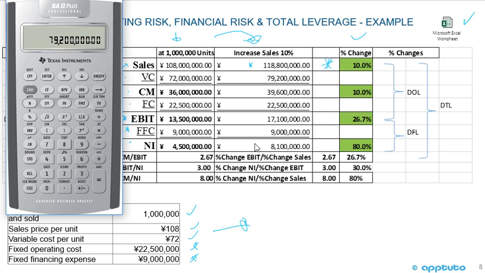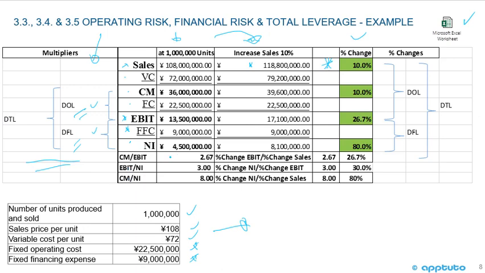So then you can see here that when we calculated our contribution margin over the operating income, we got 2.67 as the multiplier. When we calculated the operating income over net income, we had the degree of financial leverage as 3, and operating leverage times financial leverage gives us our total leverage. 2.67 times 3 equals 8, correct?